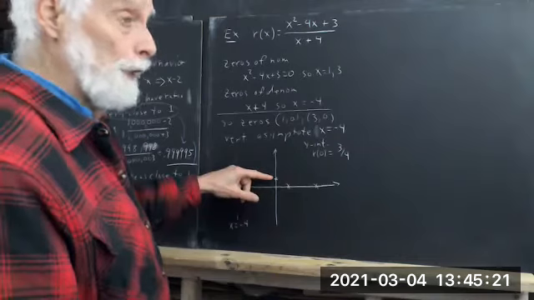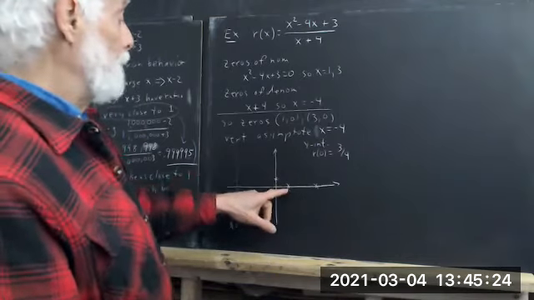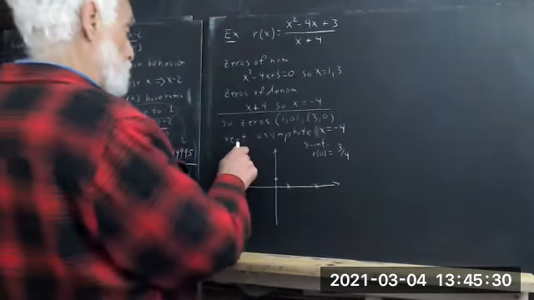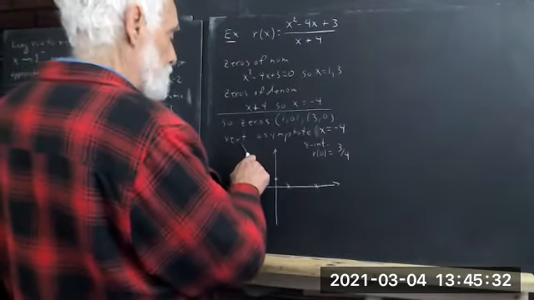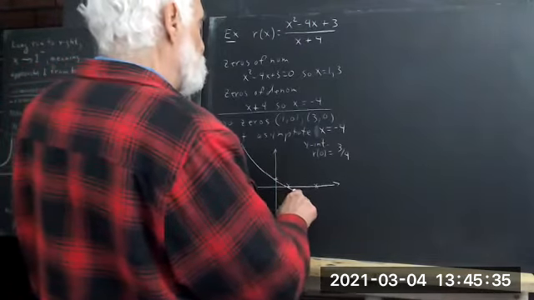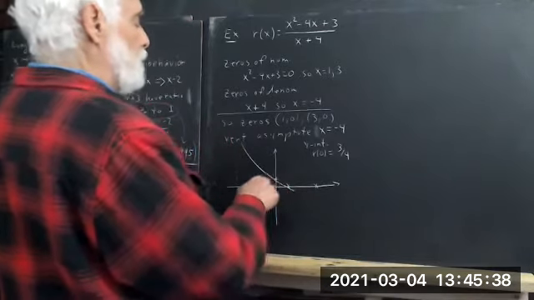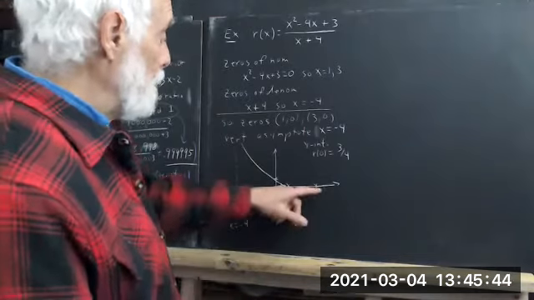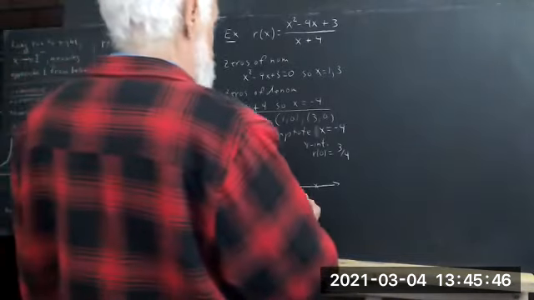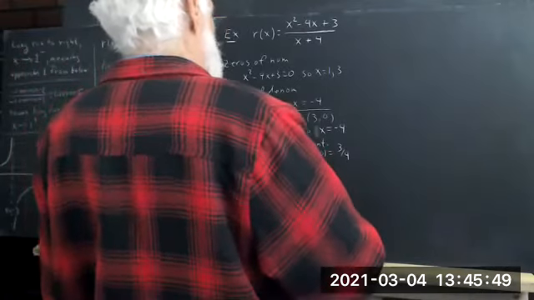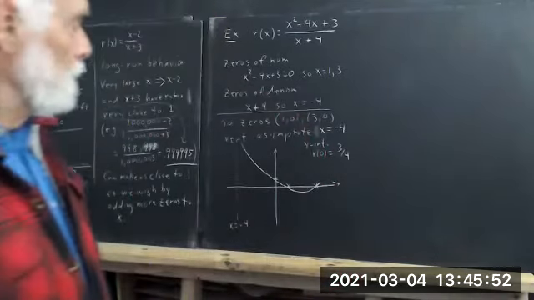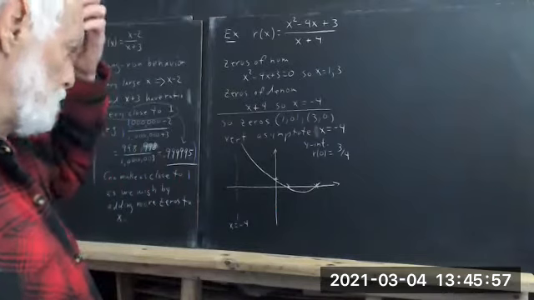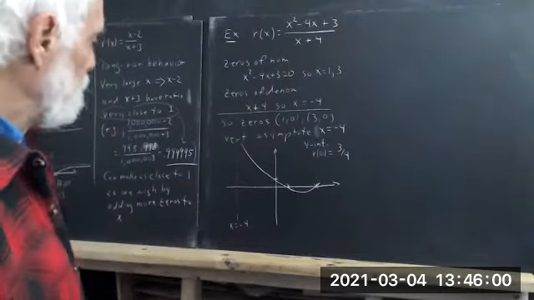So the graph has to be above the x-axis all the way from here over to here, meaning that it comes down from the vertical asymptote, something like this, goes through the y-axis at the y-intercept, the x-axis at the x-intercept, and then it has to go back through the x-axis here. Now there's a question I'll leave unanswered about what it does after it gets here. And then we'll answer the question in the space that we have.